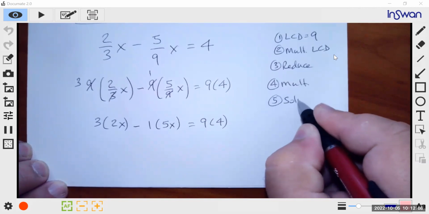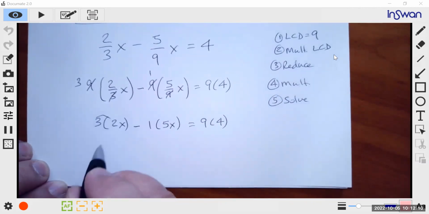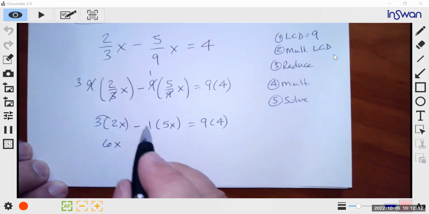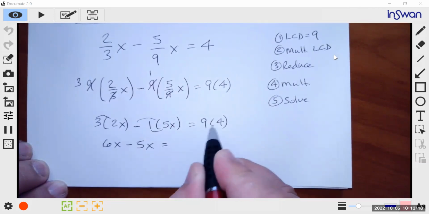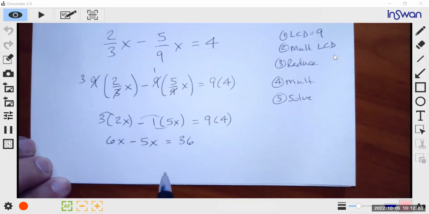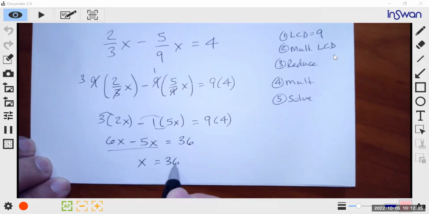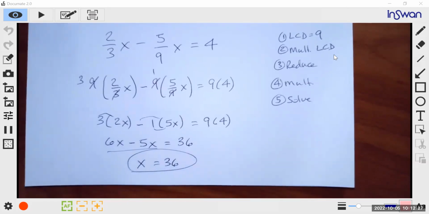Multiply and solve. 3 times 2 is 6x. Negative times positive is negative. 1 times 5 is 5x. 9 times 4 is 36. 6 minus 5 is 1. And it works.